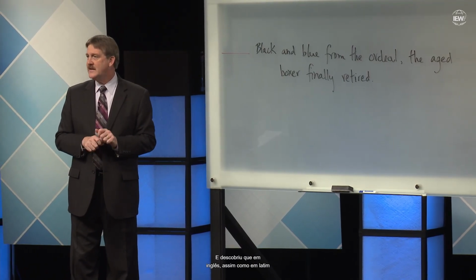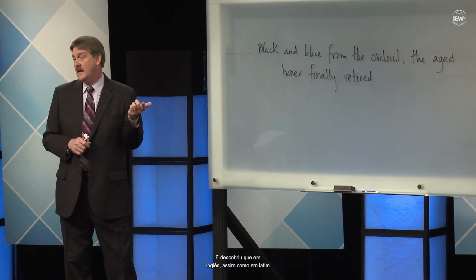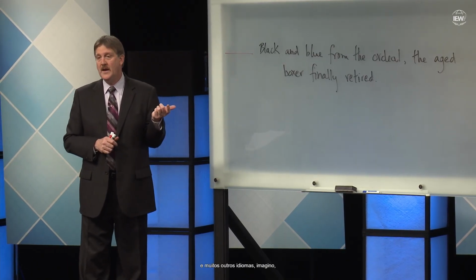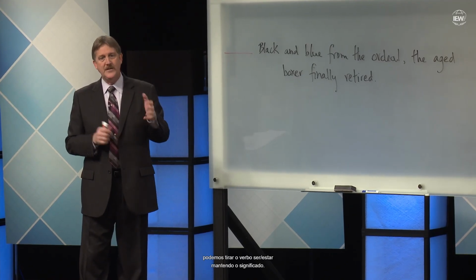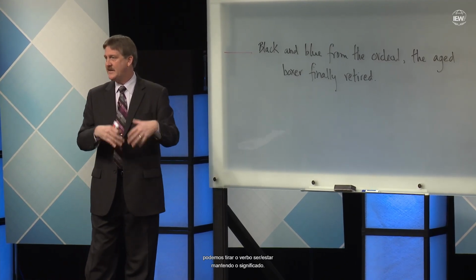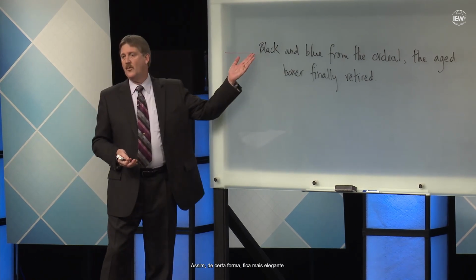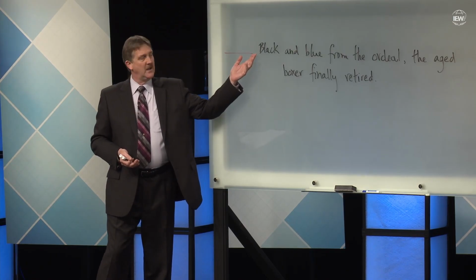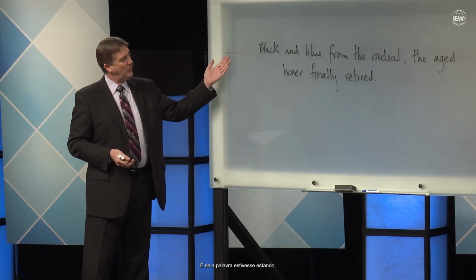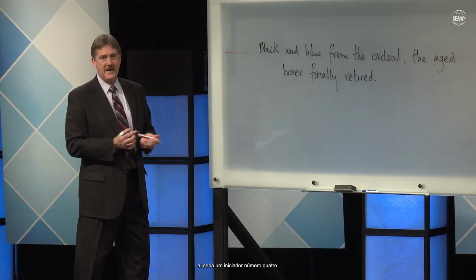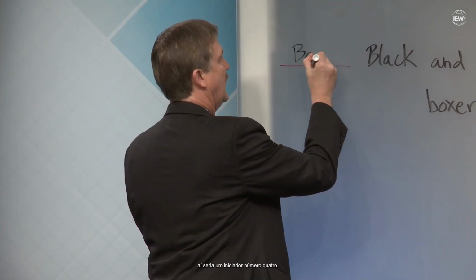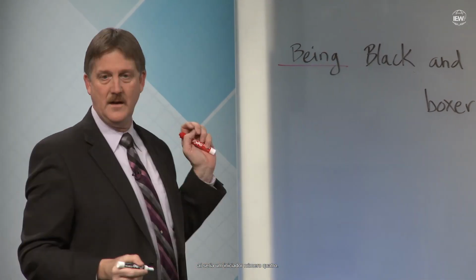And what we discover is that in English as well as Latin and many other languages, I would presume, we can drop the be verbs and still retain the meaning. And so, in a way, it's a little more elegant, right? So, if the word were being, then that would be a number 4 opener.